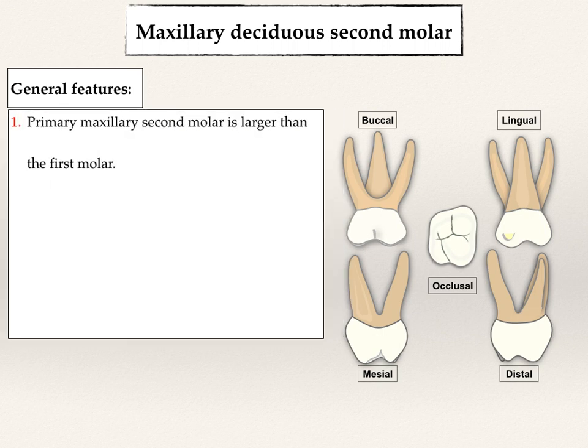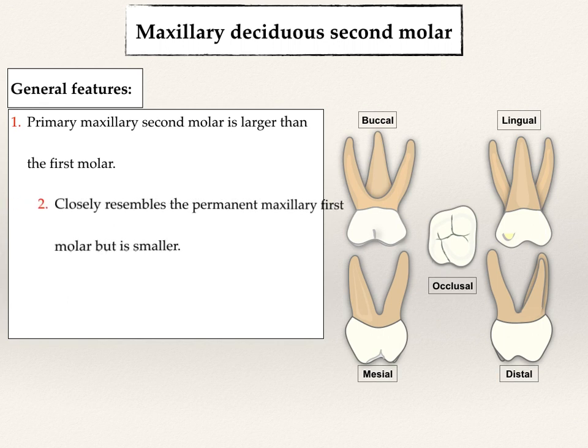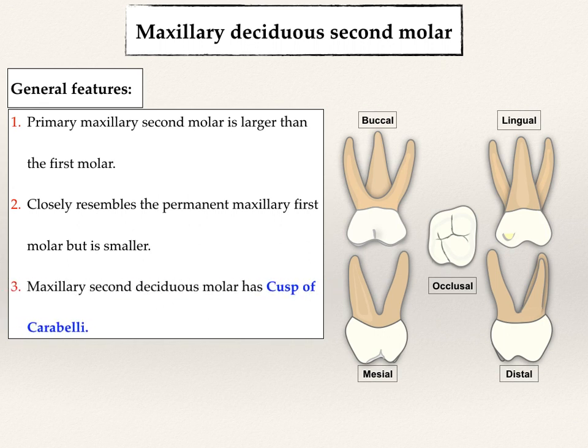The primary maxillary second molar is larger than the first molar. It closely resembles the permanent maxillary first molar, but is smaller. The maxillary second deciduous molar has a cusp of Carabelli.